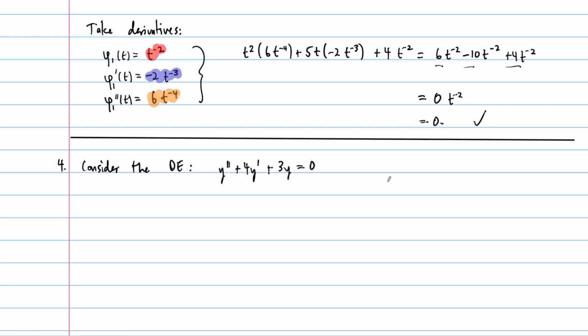And I claim that the solutions can be written in the following form. So here's the question. For what values of r is the function phi equal to e to the rt a solution of this differential equation? All right, so take a minute, pause and ponder, see if you can figure this out for yourself, and then we'll do it together.